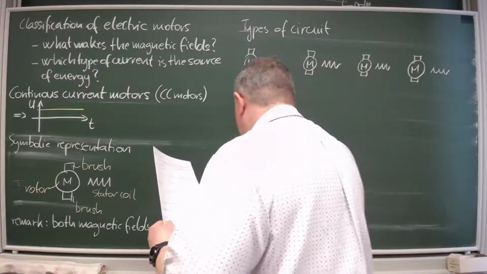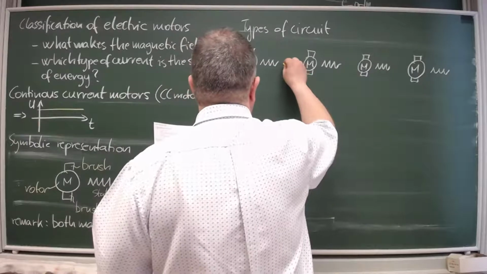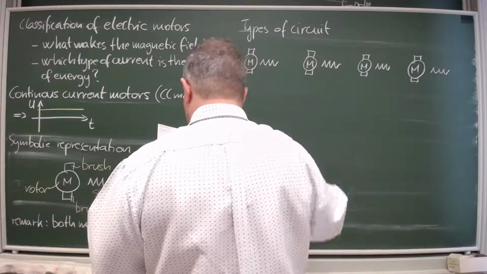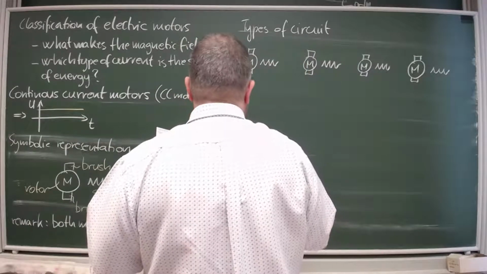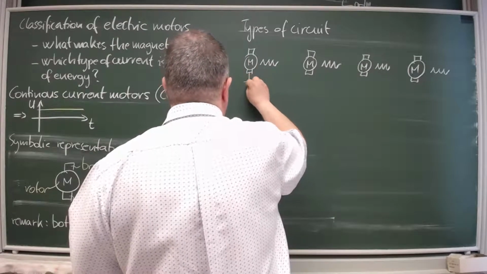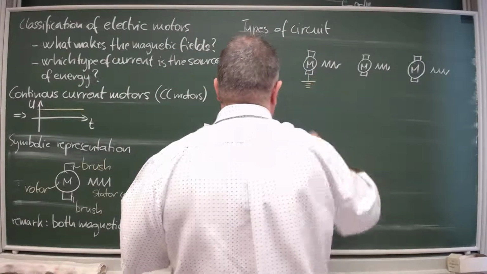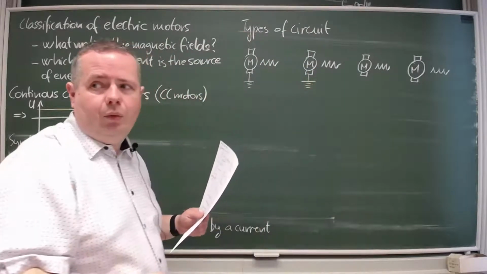And now I will draw the wires. How will I do it? I will draw always one brush I will link to the earth. If you have learned electricity in high school, you know that this is the earth, one pole of the system.